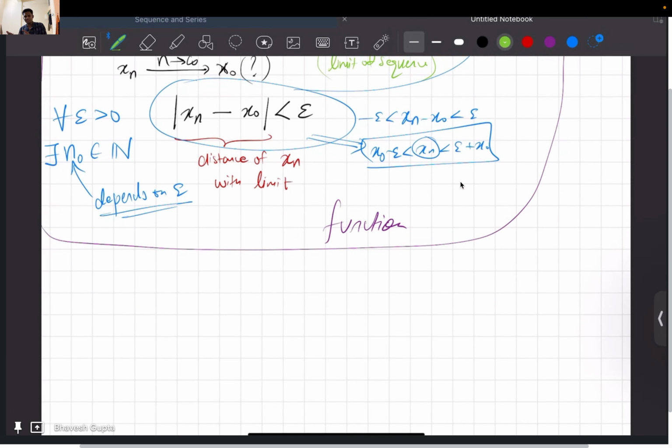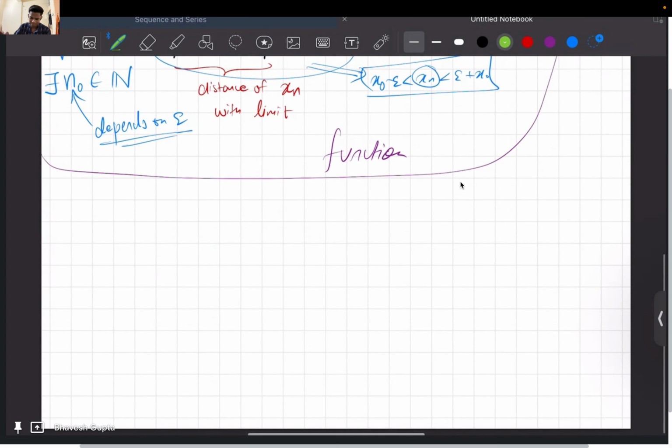Even though all these sequence elements are plus and minus 1, there is no convergence because I can always have either +1 or -1 in any given interval, right?